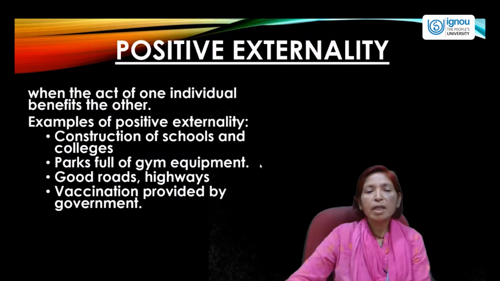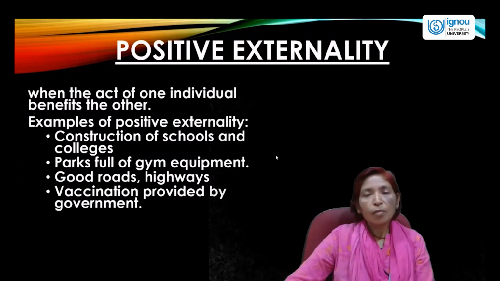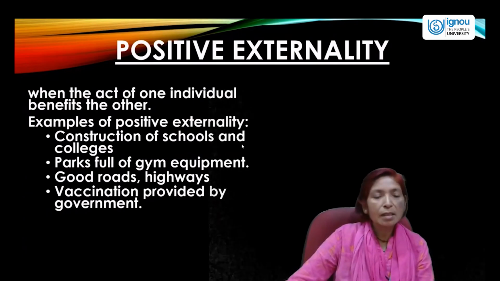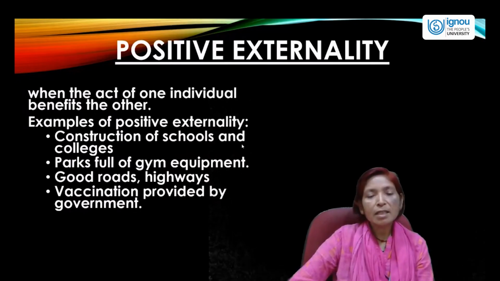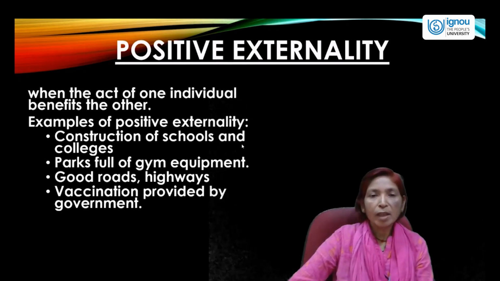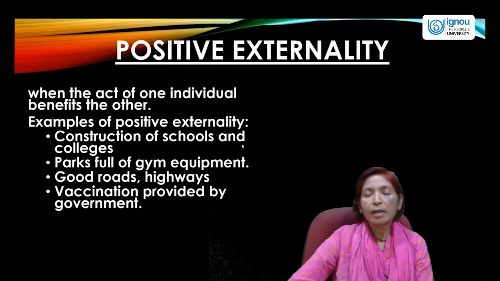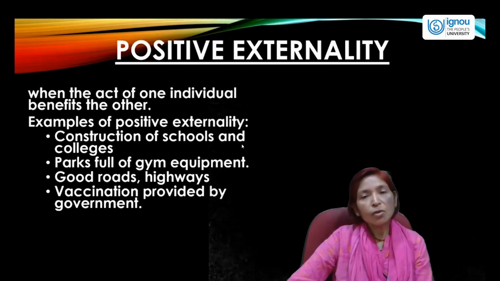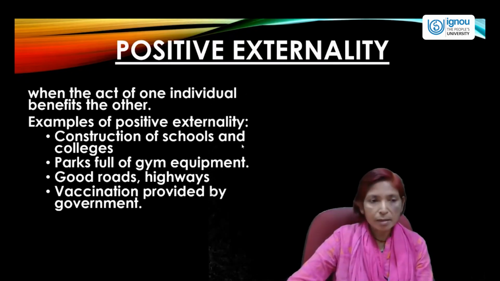If the government constructs more schools and colleges for the students, then students will get higher education and can easily get admission in colleges. When the number of colleges or schools increases, all children can get higher education easily, so it will create positive effects on others.